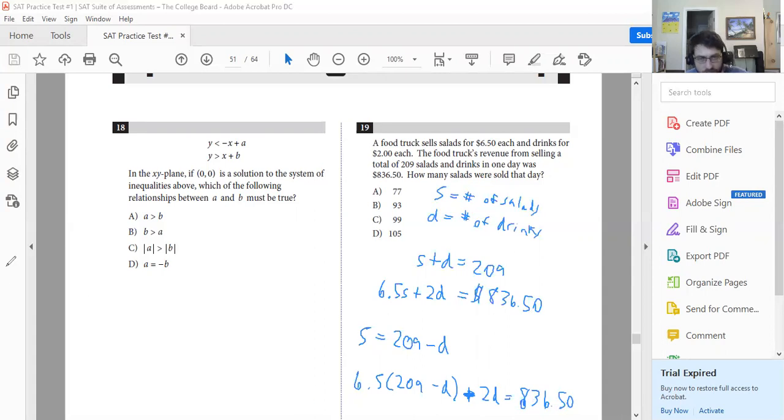I'm going to bring back up my calculator. Let's bring it over here. It's 209 times 6.5. 1358.5.